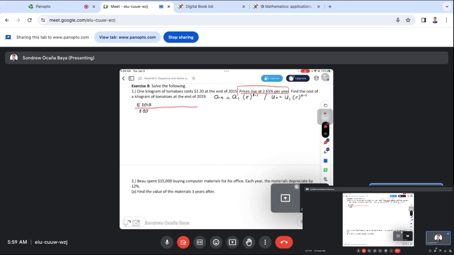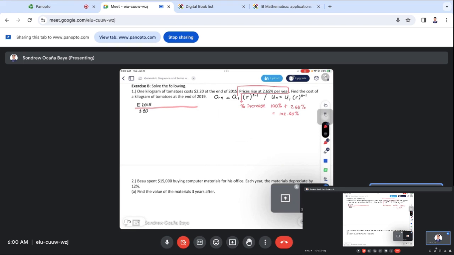So, if you review the material, this is a sample of a percentage increase. Okay? Wherein the rise or the increase of 2.65% is the same as the original amount, which is 100%, added by another 2.65%, which gives you a total of 102.65%.